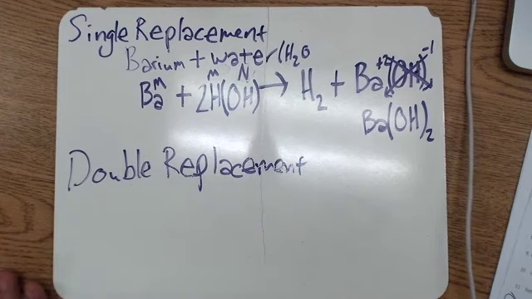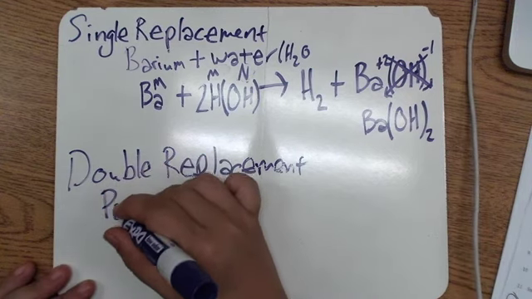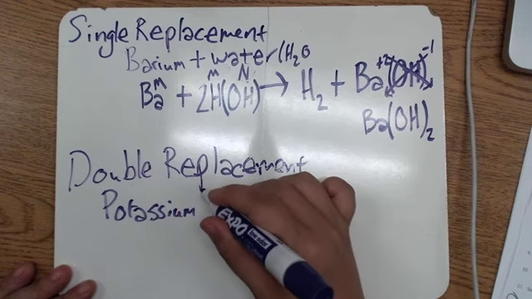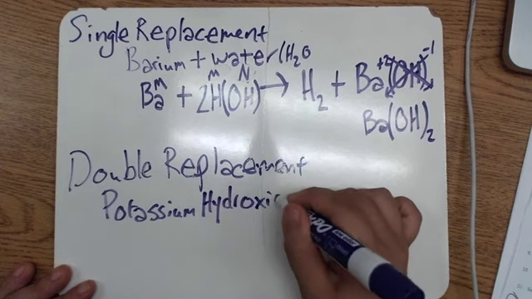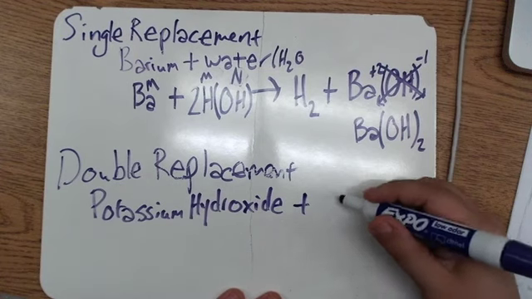Okay, so for double replacement, I have potassium hydroxide plus phosphoric acid.